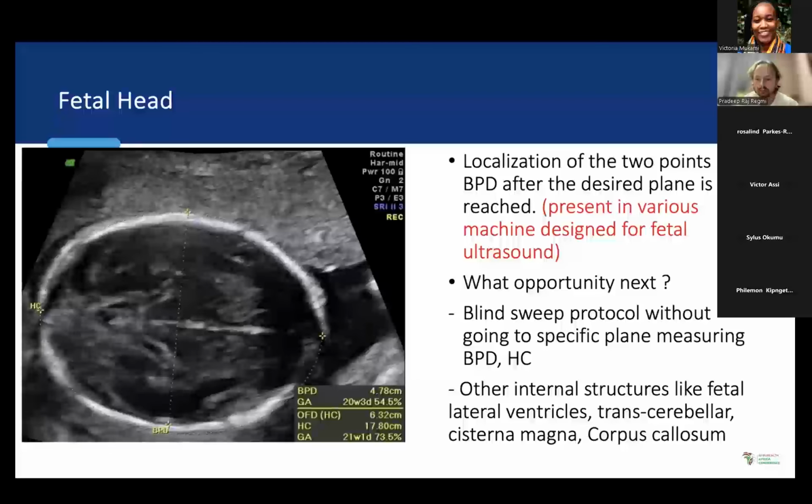Corpus callosum is one of the hardest structures to get, even for a well-trained radiologist, because not every fetus lies in a proper plane to detect it. If we can generate the corpus callosum out of the 2D images of biparietal diameter, that will be very helpful for us radiologists also.